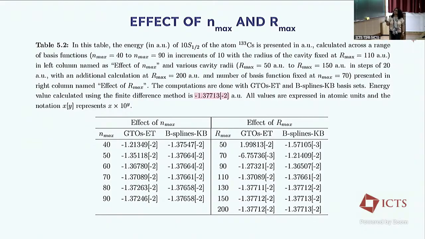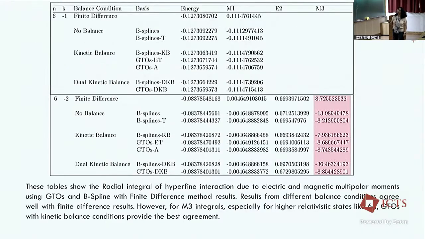So you want to use an optimal basis, and what we notice is that B-splines give us reliable values even for a smaller number of bases as compared to the GTOs. And not only that, for some of the properties that depend on the behavior of the wave function close to the nucleus, we observed that GTOs were performing better than the B-splines.